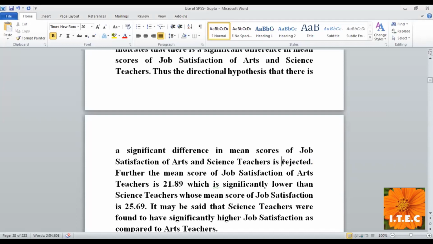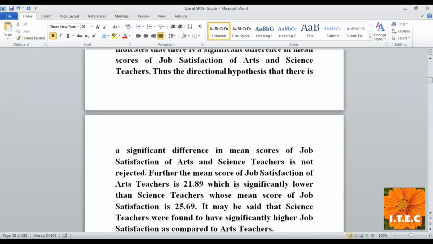This is the difference. The rest of the sentences will be exactly the same. So when you are writing the null form of the hypothesis or the directional form of the hypothesis, this will be the difference.